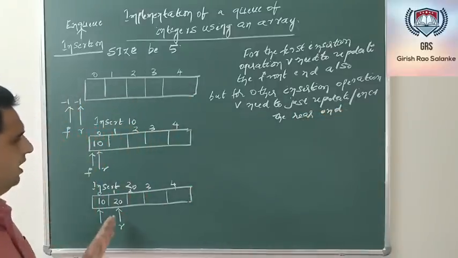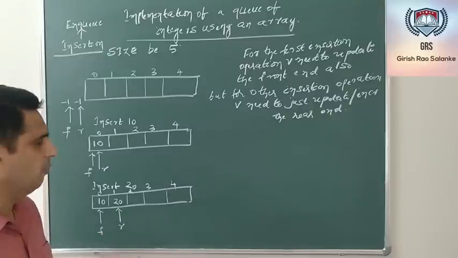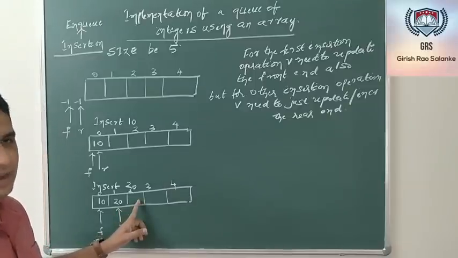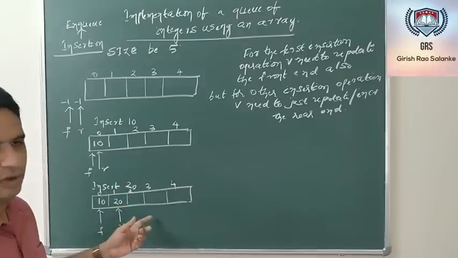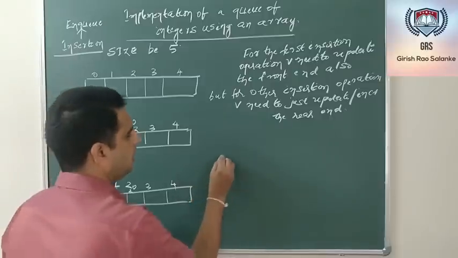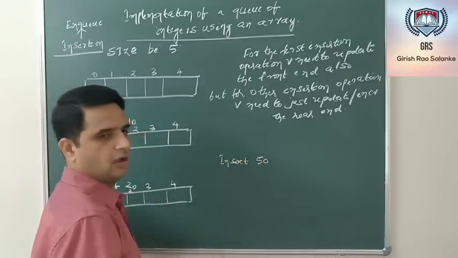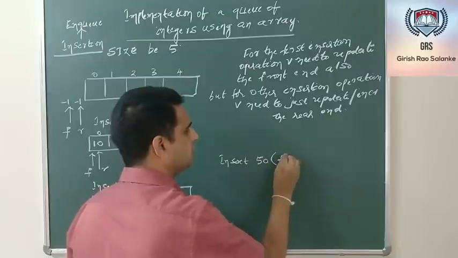Now on to this queue, assume that I have performed one more insertion operation. If I want to insert 30, it will be inserted here. If I want to insert 40, it will get inserted here. Now after 5 insertion operations, let me assume that I have inserted 50 onto my queue. So this is my 5th insertion operation.